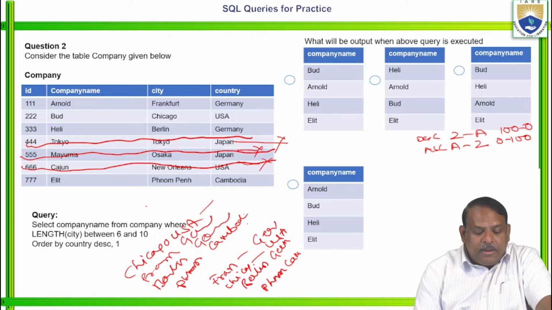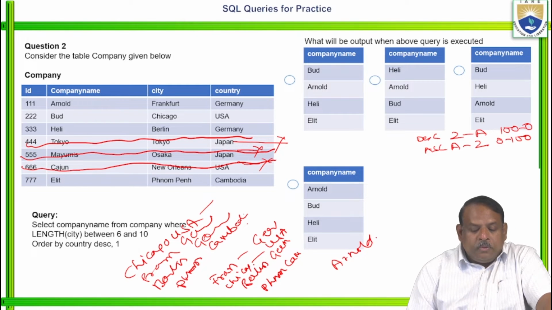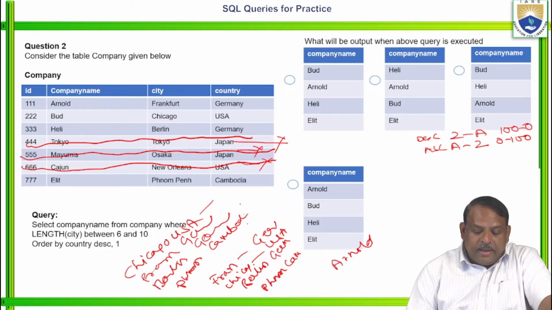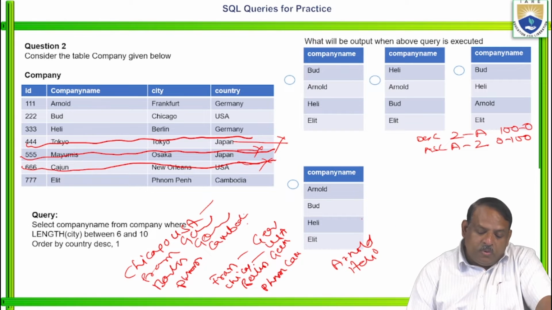For Frankfurt it is Arnold. For Berlin it is Heli. When you apply the secondary sort on these 2 Germany records, company name ascending, this is the correct order.